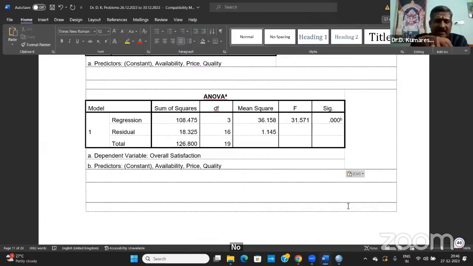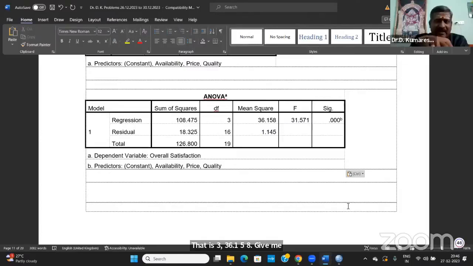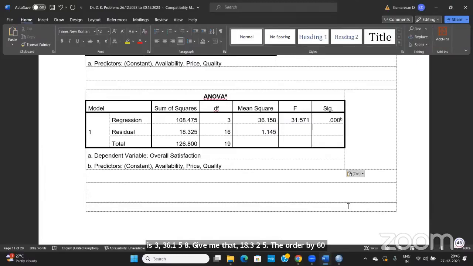Similarly, 18.325 divided by 16 gives you 1.145. The F value is computed by dividing 36.158 by 1.145.